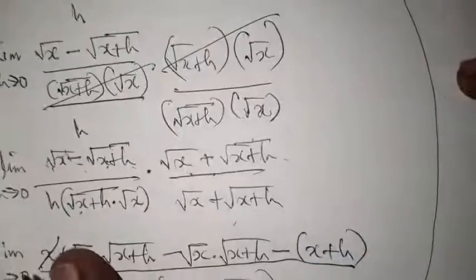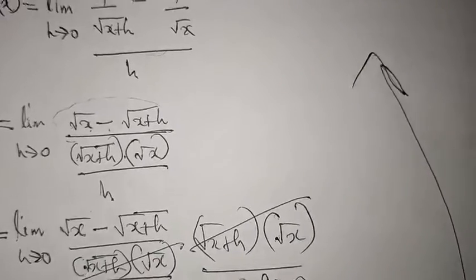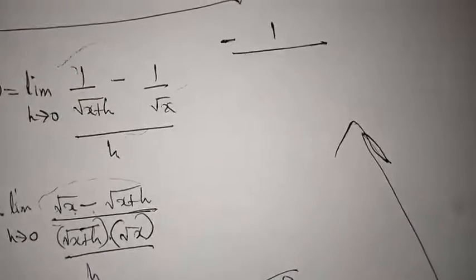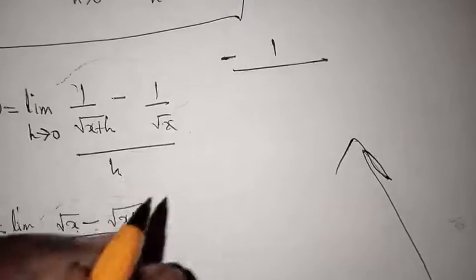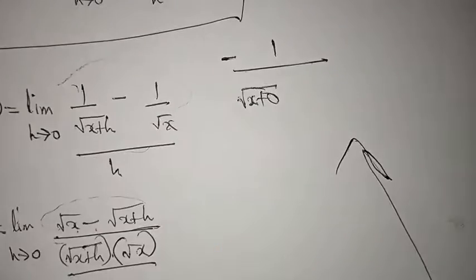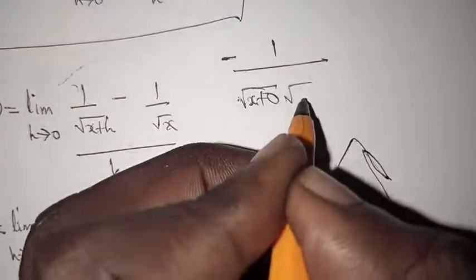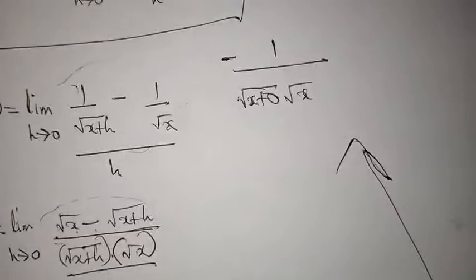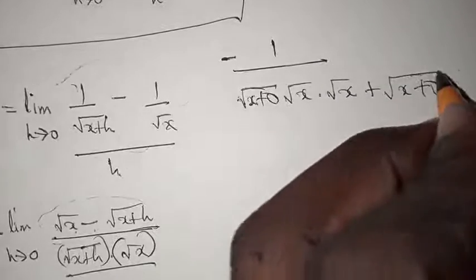So this will be negative, so that will give me negative 1 over, now wherever there is h we substitute with the 0, meaning I'm going to have square root of x plus 0, like that, multiplying the square root of x, multiplying again with the square root of x plus square root of x plus 0, like that.